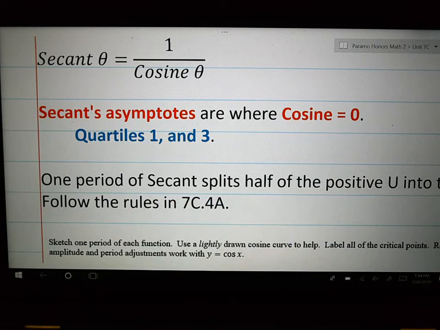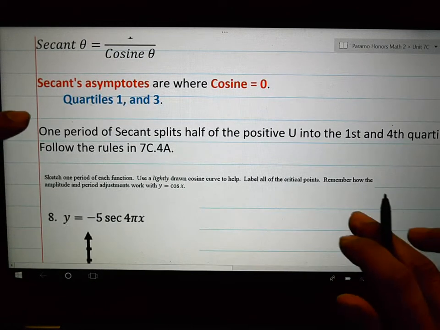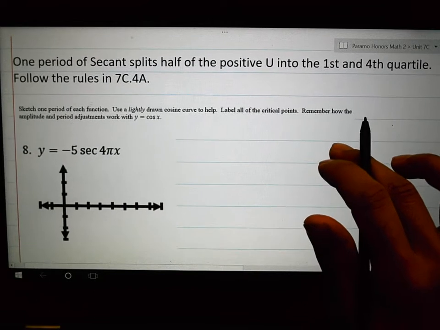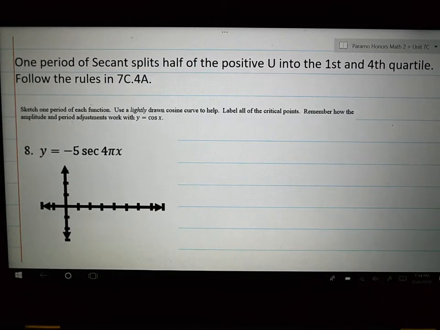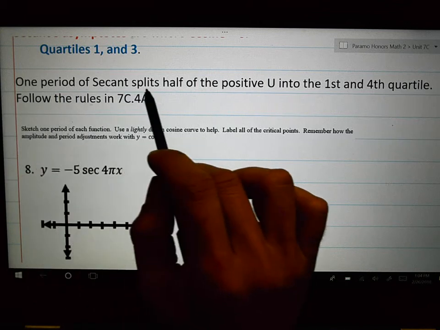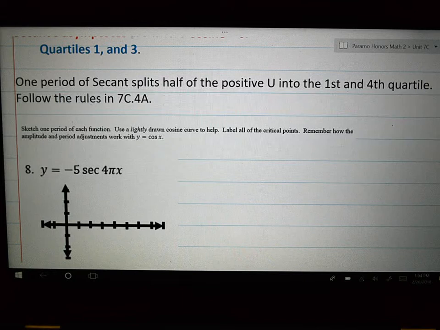If you didn't know, it's in quartiles 1 and 3, and I'll give you an example of that in just a moment. I'm going to do one example with you, and this is pretty much what you're going to be doing for most of your graphs. One period of secant splits half of the positive U in the first and fourth quartile, and then we've basically followed the rules of 7C.4a.